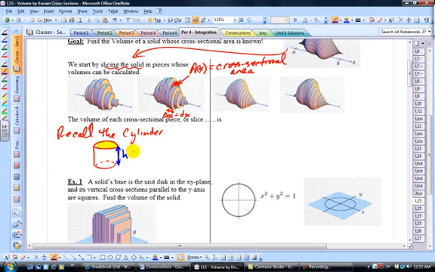We'll call it h. If you recall how to find the volume of a cylinder, you multiply base area times height. So the volume of a cylinder is the base area times the height.